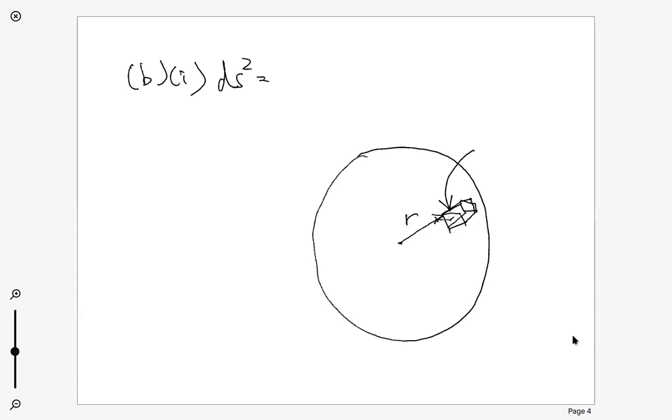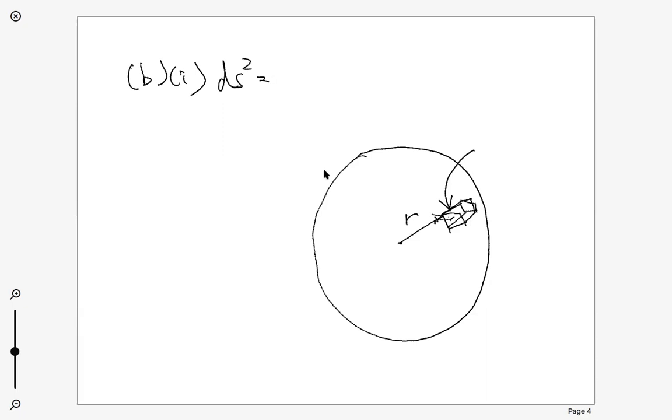Can anybody quickly tell me about this? Actually, I still don't think my drawing is good. Okay, Man Yin has typed something here. You mentioned dr squared. Good, dr squared is the first part of the answer. And then r d theta squared, and also r sine theta d phi squared.